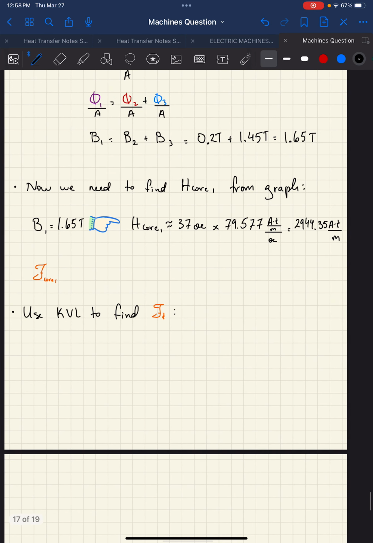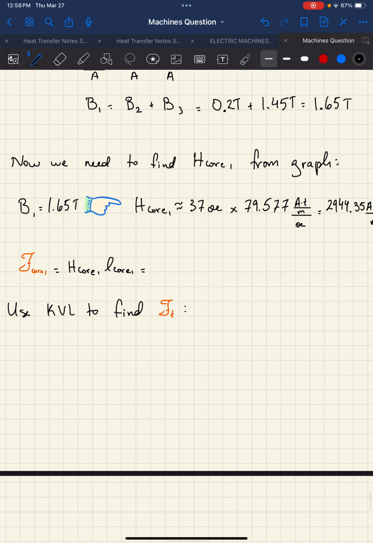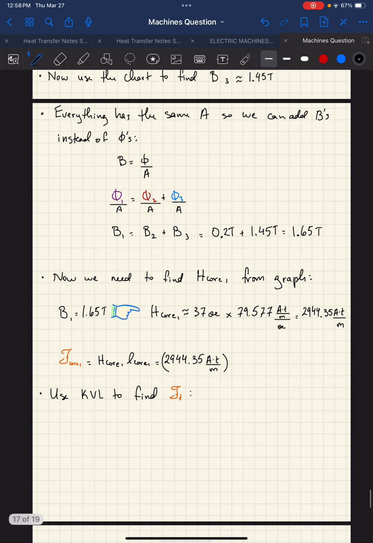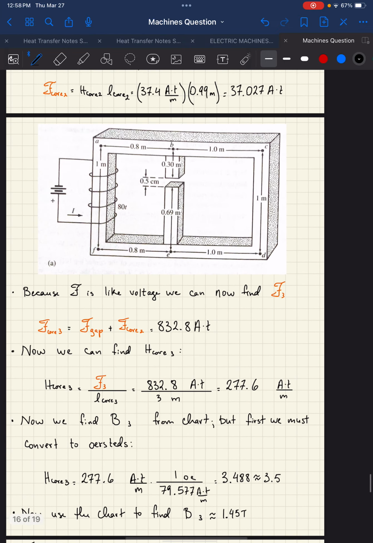We have to now find F core 1. F core 1 is basically H core 1 times L core 1. H core 1, we just got it, 2944.35 amp turn per meter. L core 1 is here.